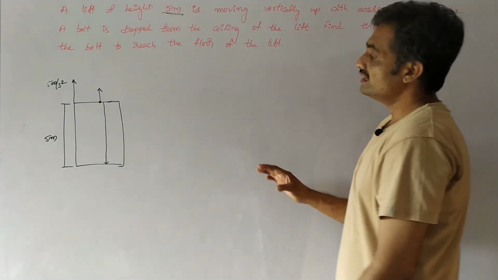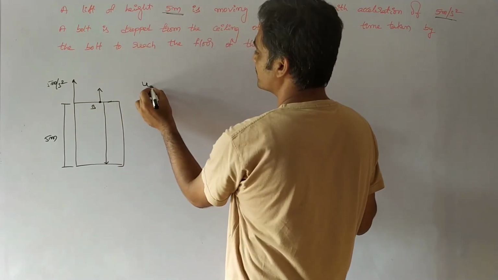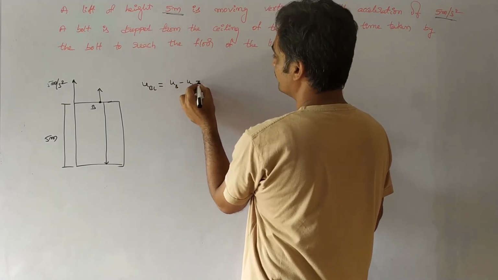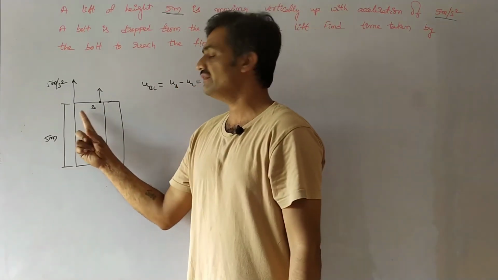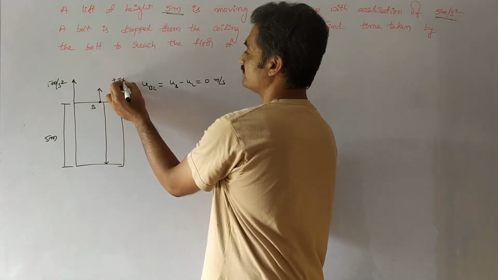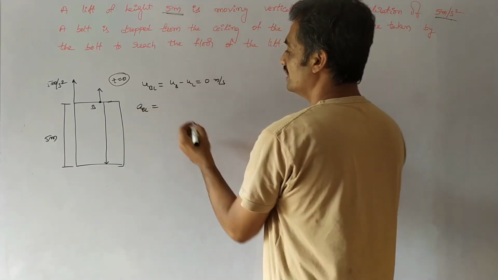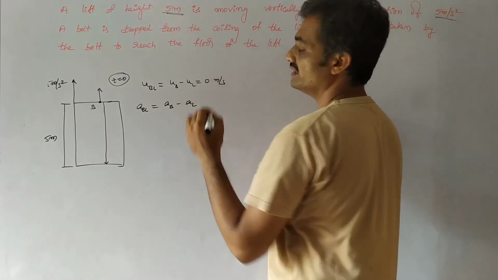Here the relative velocity between the bolt and the lift, velocity of the bolt minus velocity of the lift, is equal to 0. Why? Because both the lift and the bolt possess the same velocity at time t equals 0. Now we have to represent the acceleration of the bolt with respect to the lift: acceleration of the bolt minus acceleration of the lift.